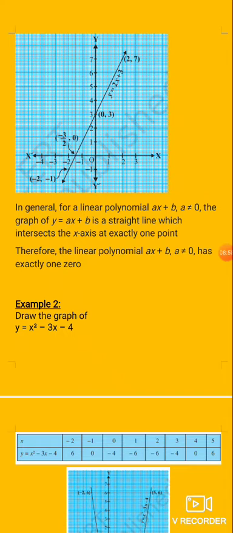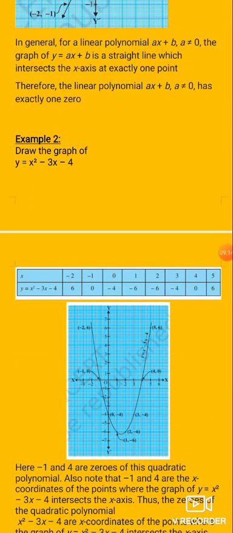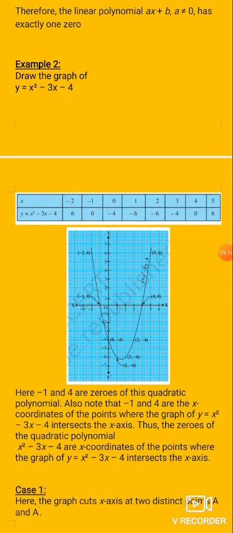It touches at the point on which one? x-axis. Okay. So the graph touches the x-axis at exactly one point there. So the number of zeros of that linear polynomial is what? 1. And here in this shape, the parabola touches the x-axis at exactly how many points? 2 points. So the number of zeros of the quadratic polynomial is what?